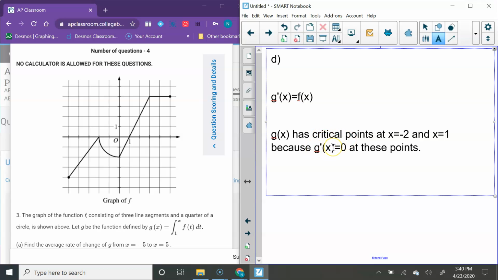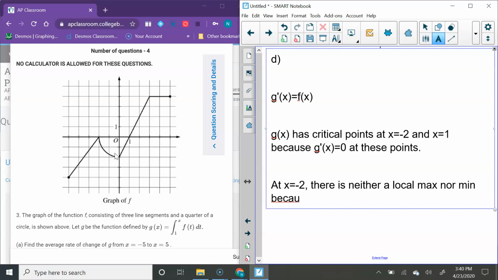And then at x equals -2, we do not have a maximum nor a minimum because our derivative does not change signs. So at x equals -2, there is neither a local max nor min because g prime of x does not change signs.